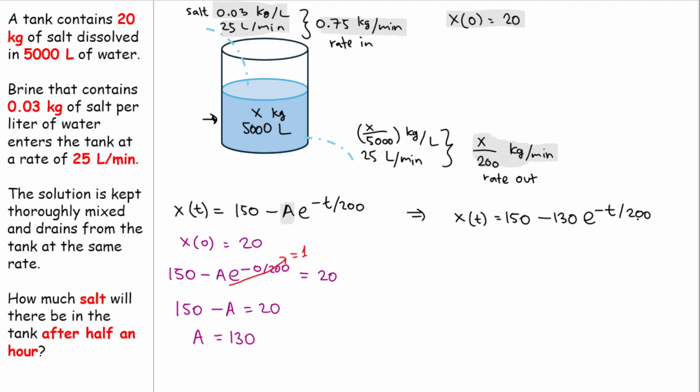What is the question? How much salt will there be after half an hour? We need to find x when t is equal to 0.5 hour. However, the unit here is in minutes, so t is equal to 30 minutes. So x(30) is 150 minus 130 e to the minus 30 over 200.